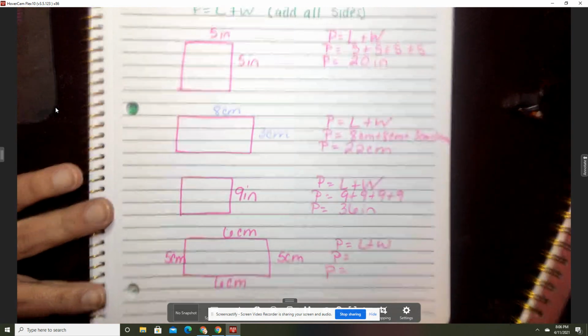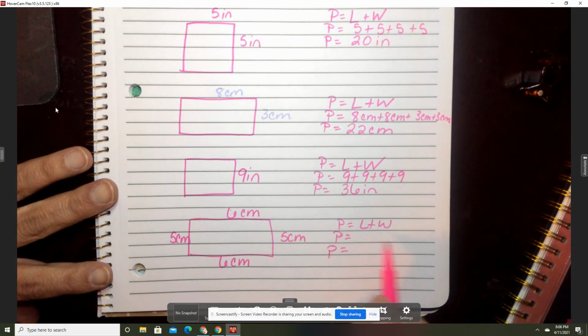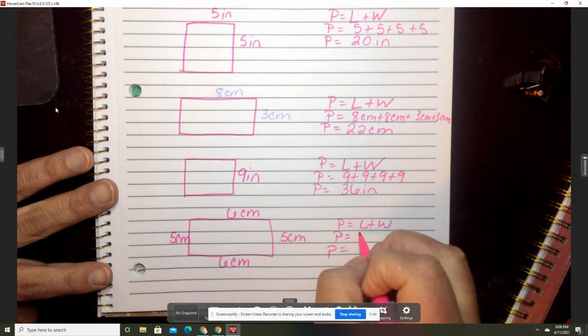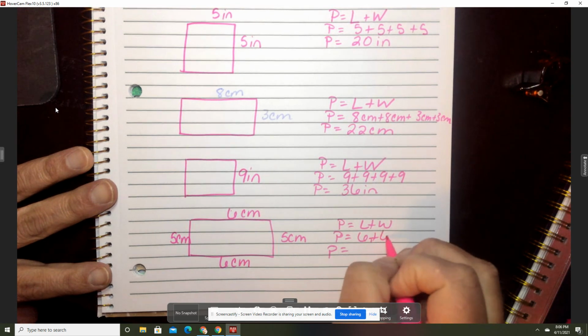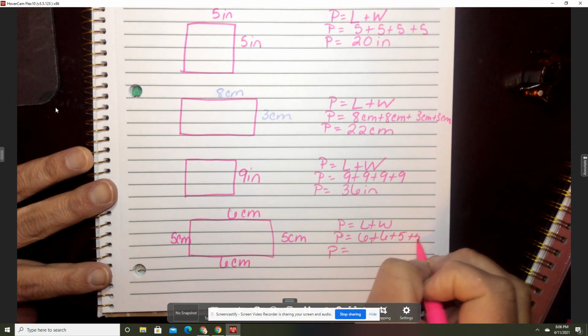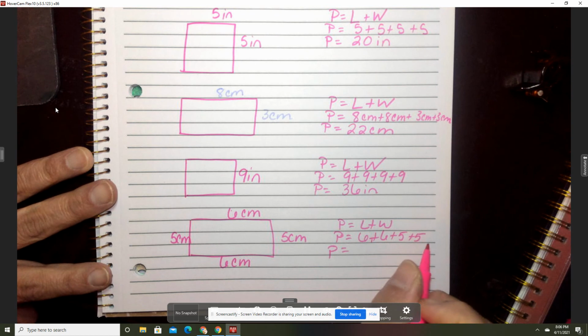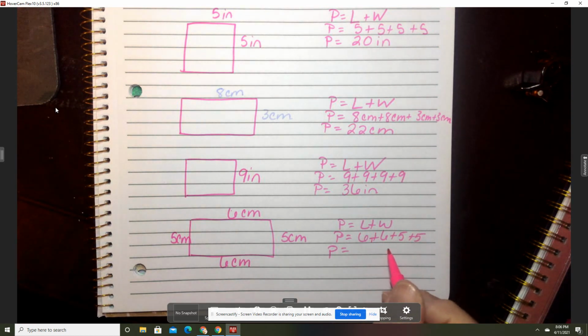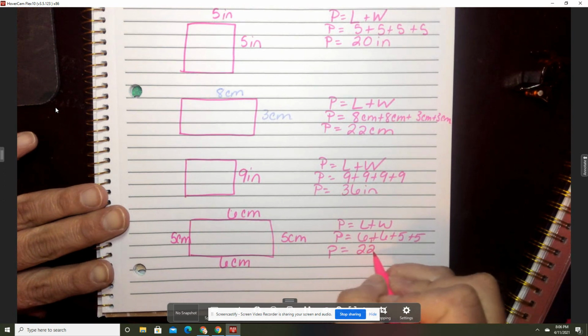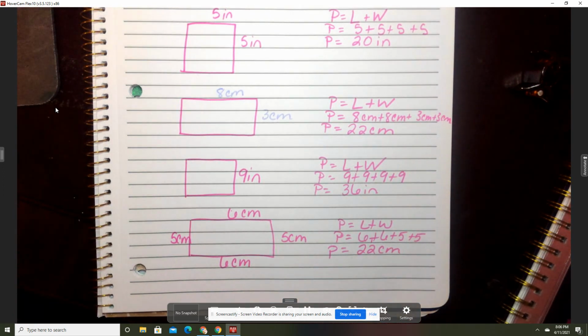All right, so now that you've done this one, what did you put in for this line? You should have done 6 plus 6 plus 5 plus 5, and then added those up. And 6 plus 6 plus 5 plus 5 is 22 centimeters. Now let's look at area really quick.